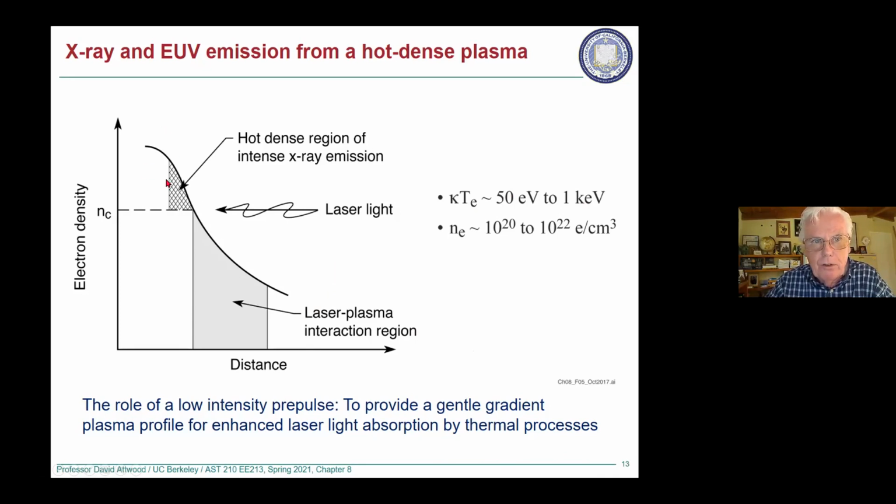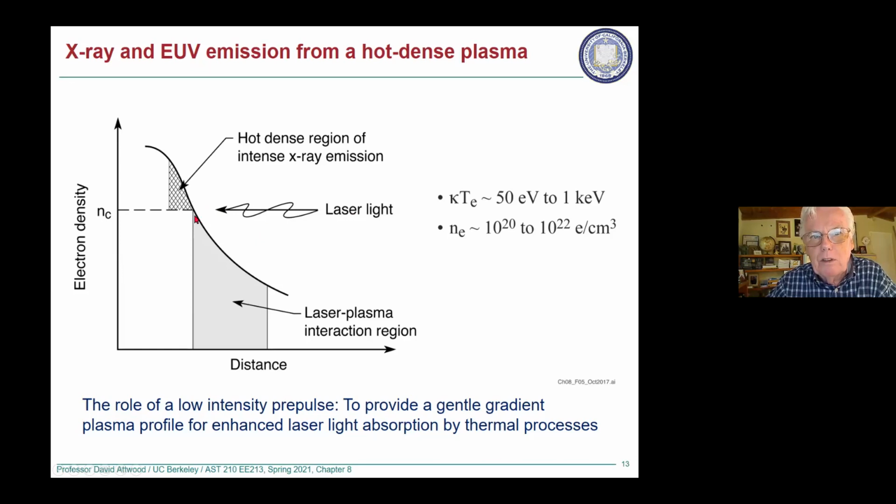If your surface density is very sharp to start with, you don't get the advantage of absorption in this lower density region just outside the target. So if it's too sharp, one of the things that's done is, before your main laser pulse comes in, maybe a few nanoseconds in advance, you send in a weaker component of the same light.